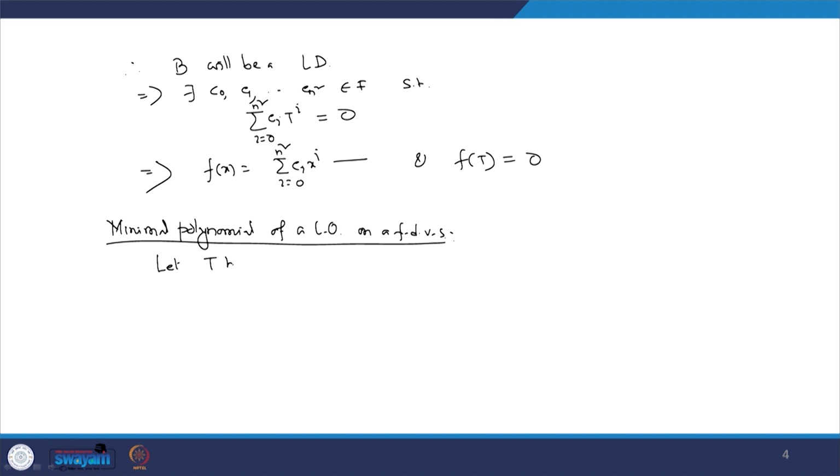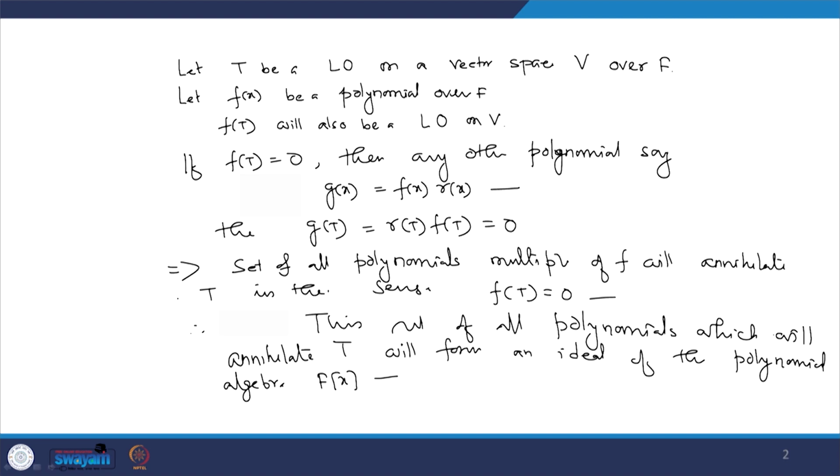Let T be a linear operator on a finite dimensional vector space, say capital V, over the field, say capital F. If I go back to our previous logic, in the polynomial field F of x, if some polynomial, say p(x), annihilates the operator T, then any other polynomial multiple of p will also annihilate T. So, it forms an ideal in that polynomial field.